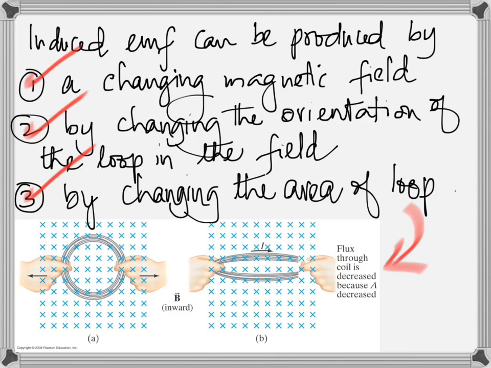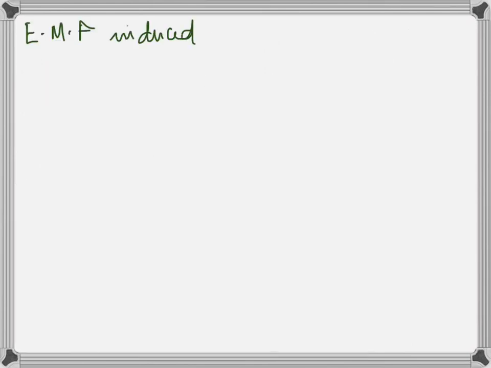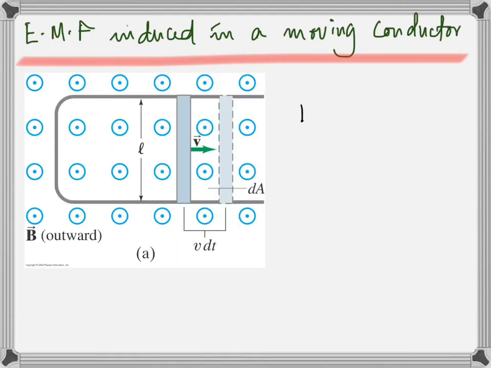In fact, when an airplane flies, let's say it's flying horizontally, there's a continuous induced EMF. Can you tell me why? Okay, that's EMF induced in a moving straight conductor. The figure explains it clearly. Let's watch and get this in the next 5 minutes.